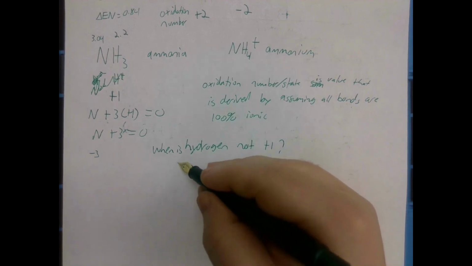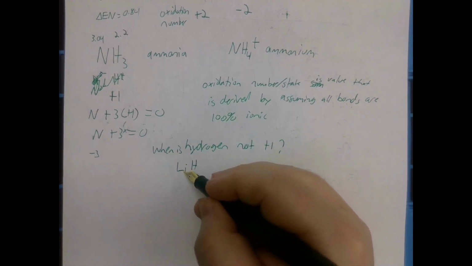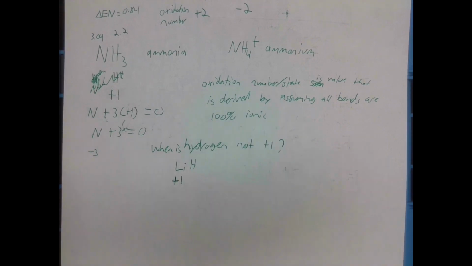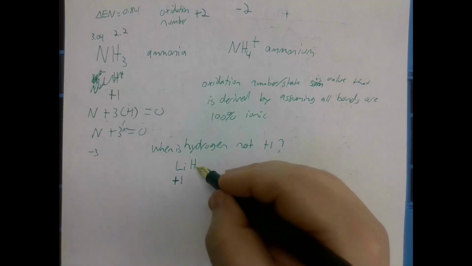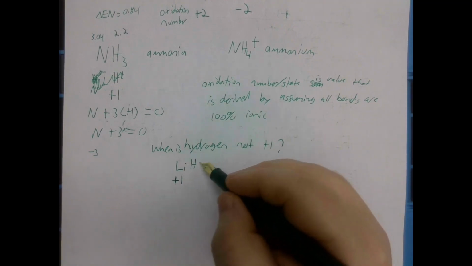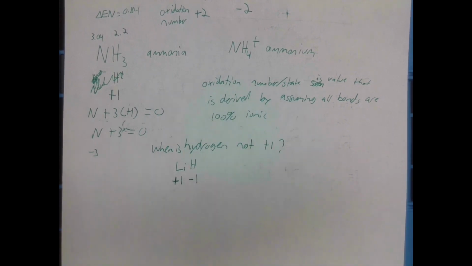Yes, lithium. Here lithium is group 1, and that's stronger than the rule for hydrogen. So it gets a +1 charge. Hydrogen's oxidation number, because these have to add up to 0, this means this is -1.